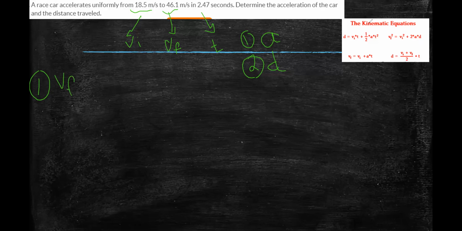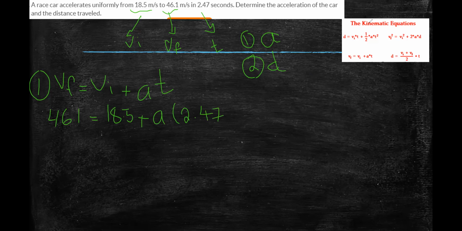V final equals V initial plus A times T. V final is 46.1, V initial is 18.5 plus A, where's A? I have to find it, times T, which is 2.47. Then 46.1 minus 18.5 is equal to 2.47A. I just move 18.5 to the other side.